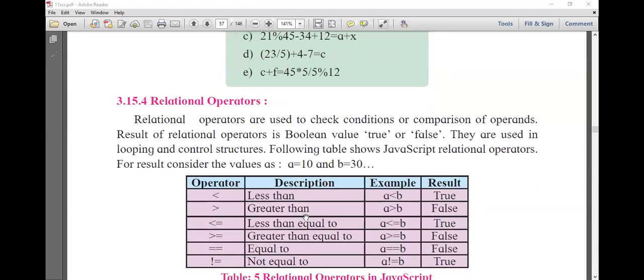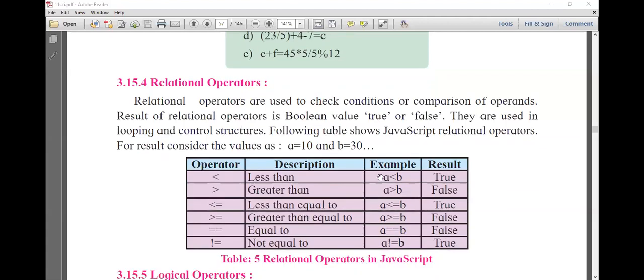Now, the relational operators. Before that, we have studied mathematical operators. Now we are going to study relational operators. Now see the relational operator. This you can see is the less than sign. The description is simply a less than sign, and the example is a less than b.